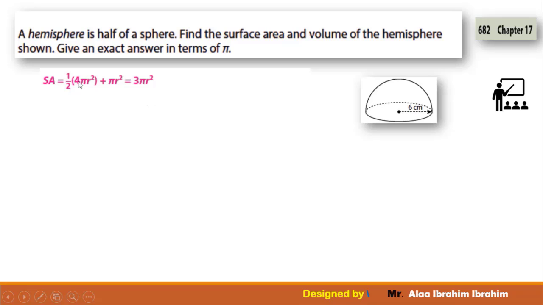I have to find half of the surface area of a sphere, and also the area of my base, meaning my circle. So I place everything. This 6 is my radius. I can find the area of the circle. I have to find now half of the sphere with my rule. So I have everything. Now you bring your answer.